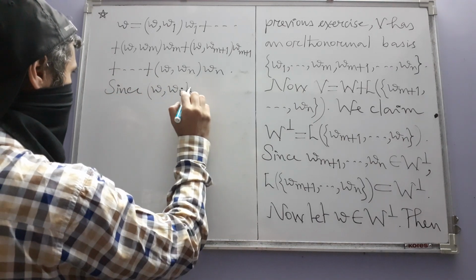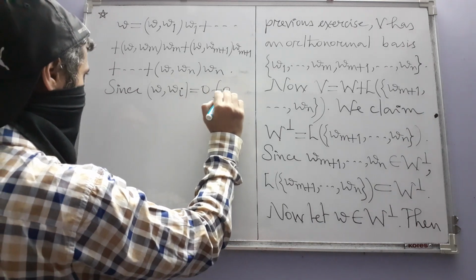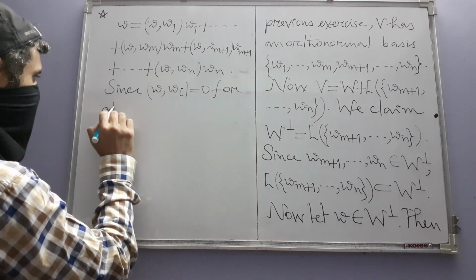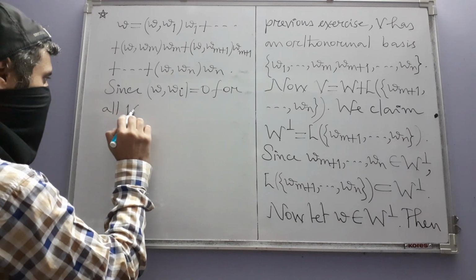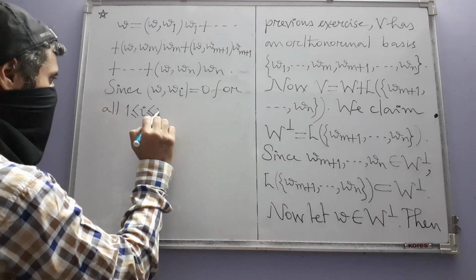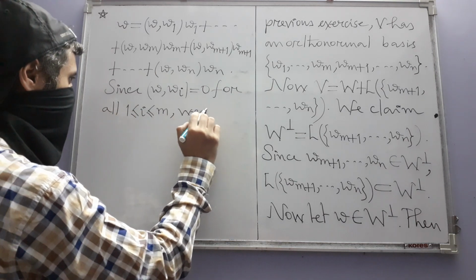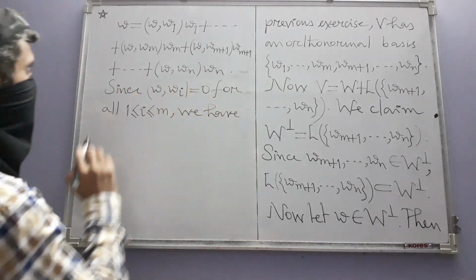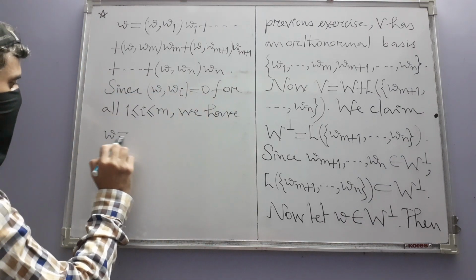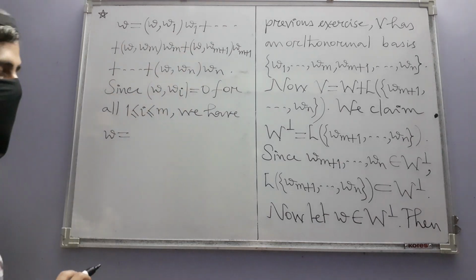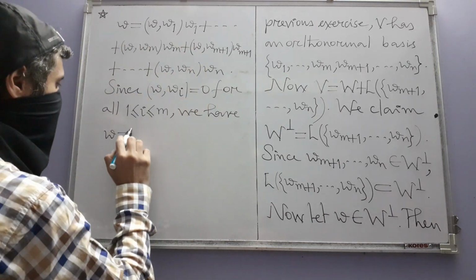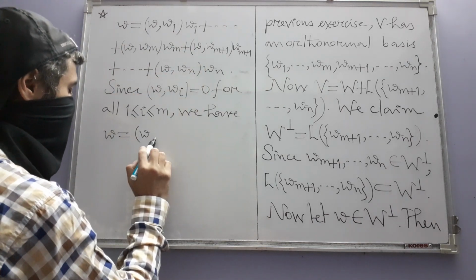W is orthogonal to all these Wi's. That means the first m terms would vanish and we will be left with this.